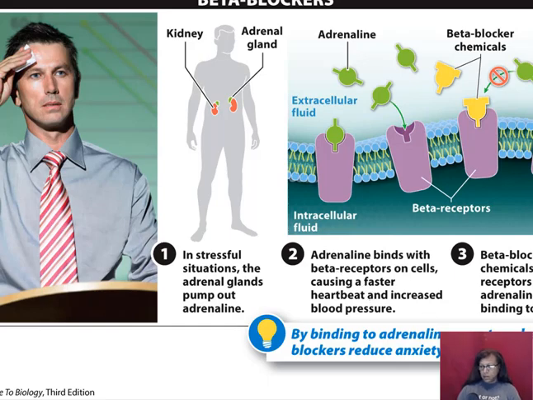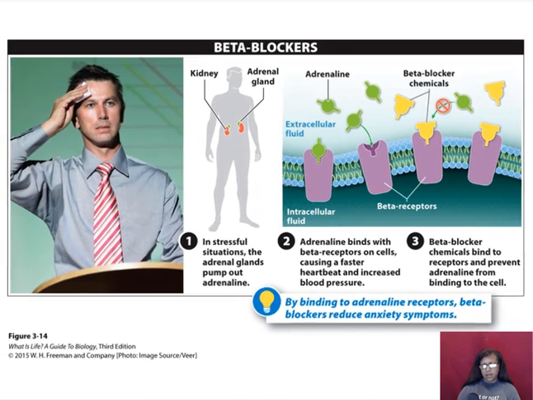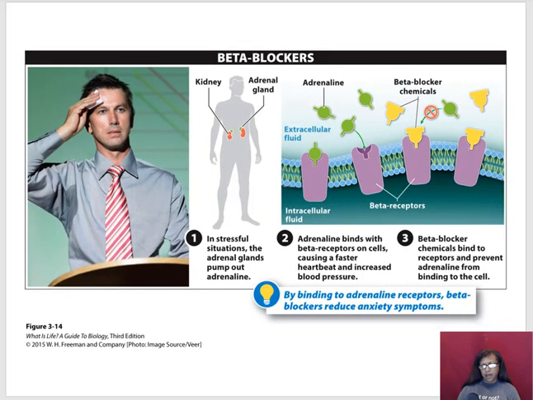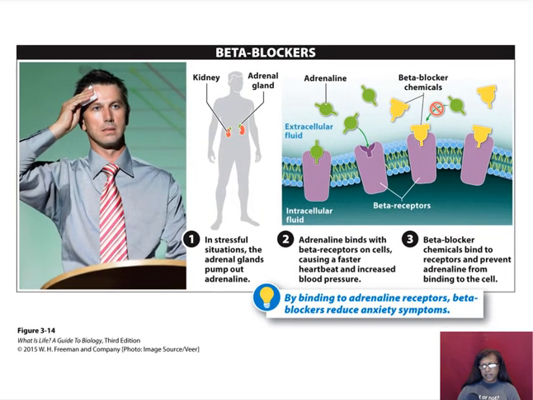Okay, so we can use that knowledge. Zoom back out. We can use that knowledge that we have of how these transmembrane proteins work for good. We can either stimulate a receptor, right, or we can block a receptor.